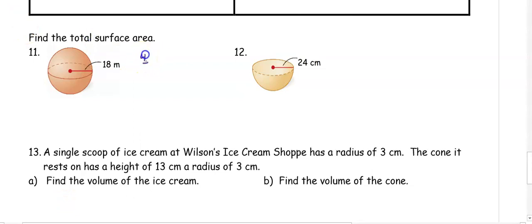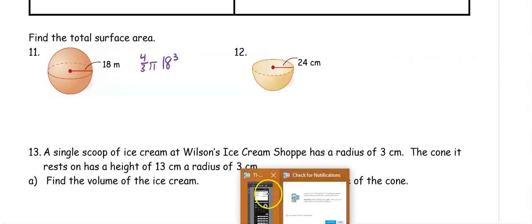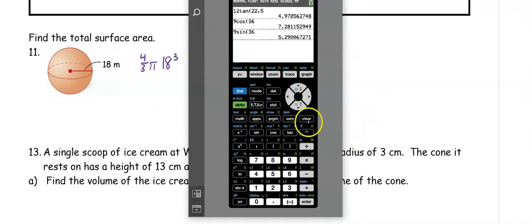So we would have 4/3 pi 18 cubed. In our calculator, we're not going to put in the pi. We're just going to type 4/3 in parentheses times 18. Now, to get cubed, you're going to hit your little triangle, little arrow that's above the division sign, and then the cubed.